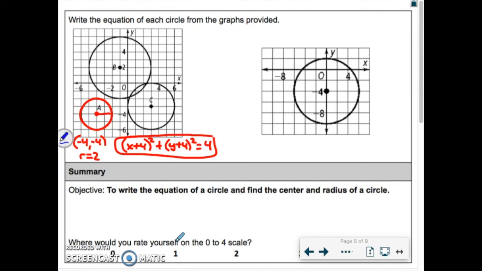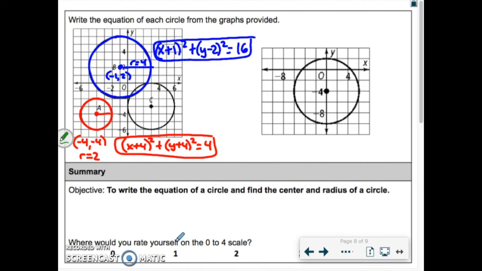Let's jump over to B. I'll make blue. The center is at negative 1, positive 2. The radius is 1, 2, 3, 4. So the blue circle is going to have an equation of x minus negative 1 squared plus y minus 2 squared equals 4 squared, or 16.